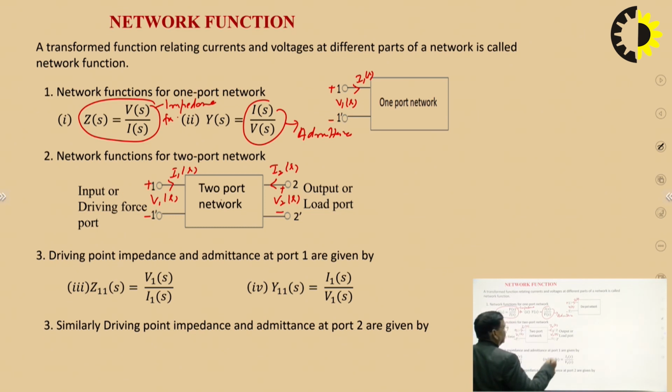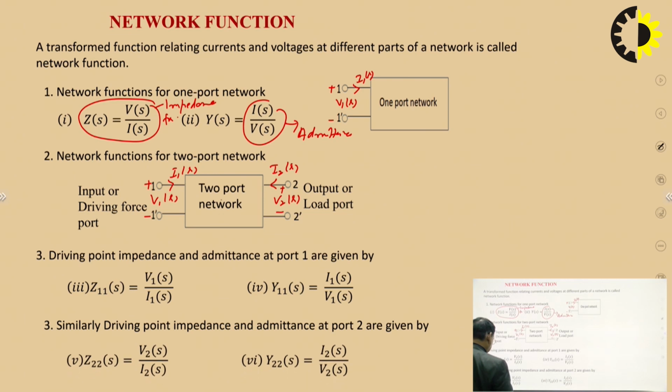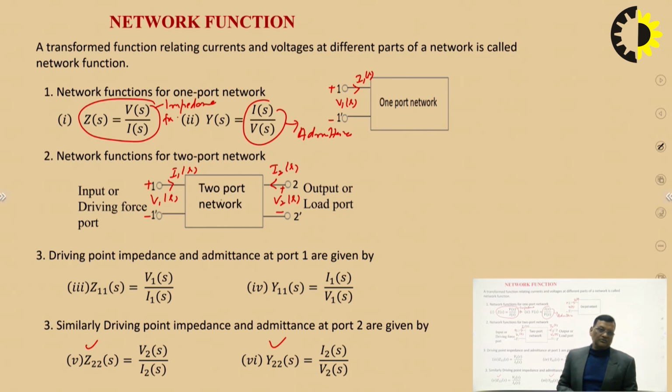Similarly, at this output port, we can have the two network functions Z22 and Y22. So Z22 is the ratio of V2(s) upon I2(s), and Y22(s) is the ratio of I2(s) upon V2(s). So these are the driving point immittance functions for a two port network.